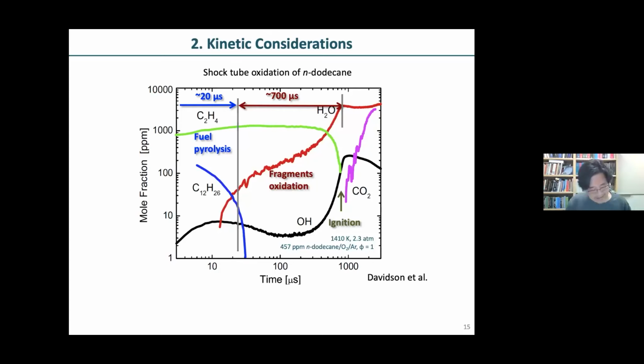Well, this is something that I didn't have time to discuss, but two points. First, Hai Wang and his students continue to work on this problem, and we work together on the HyChem. What Wang is able to show is you need to measure formaldehyde concentration and CO concentration.